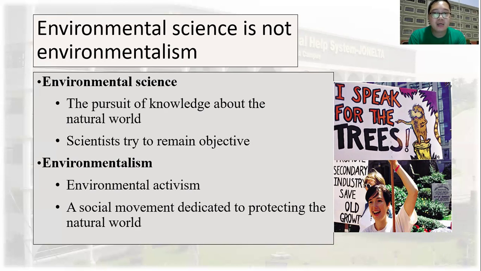Scientists try to remain objective with these goals, while environmentalism is environmental activism. When you are an activist, you protest for the environment, you speak for the trees. It's a social movement dedicated to protecting the natural world. So that's the difference between environmental science and environmentalism.